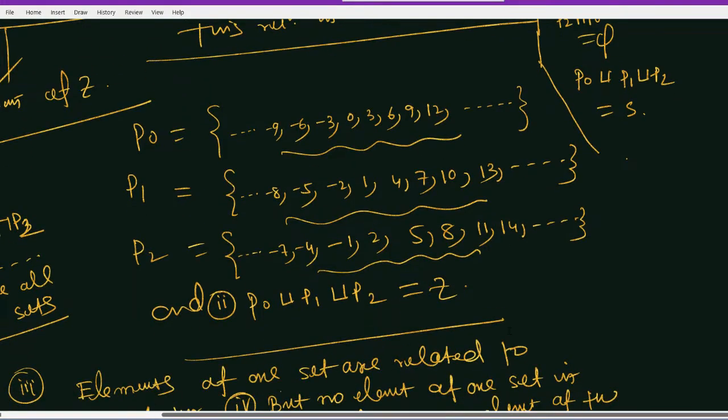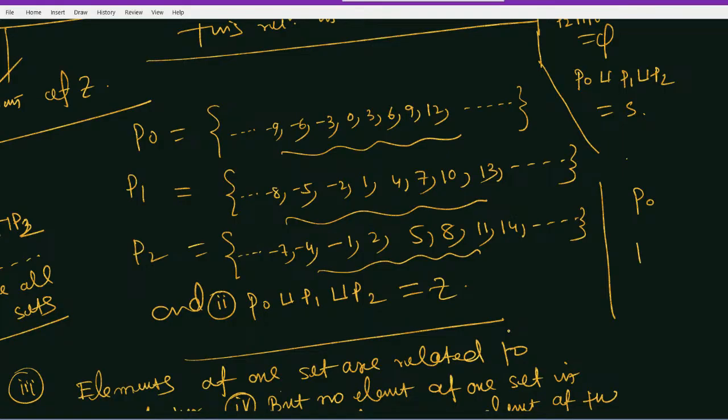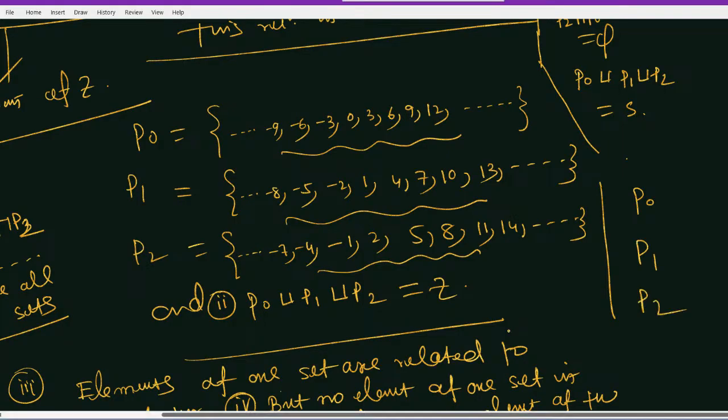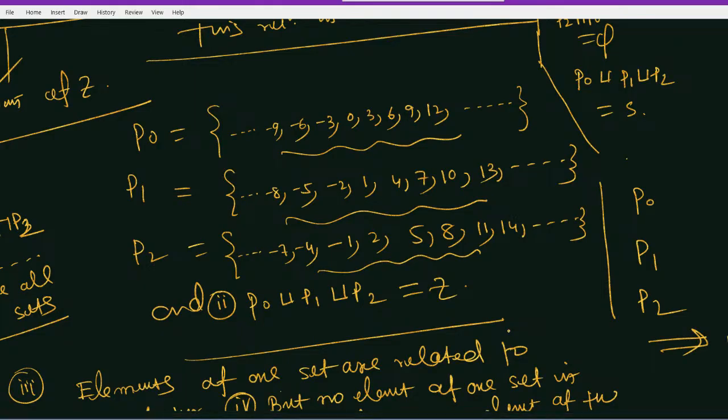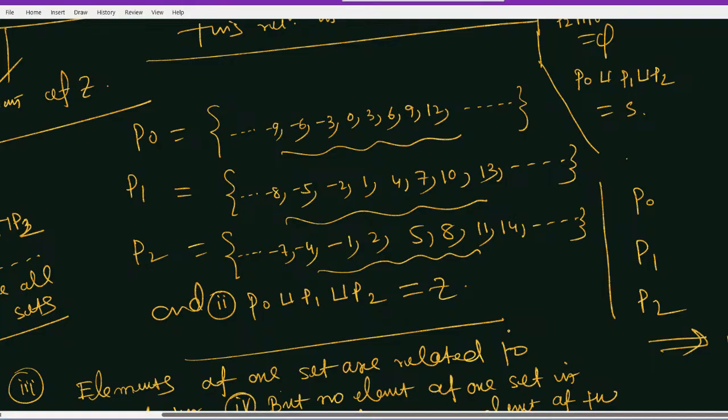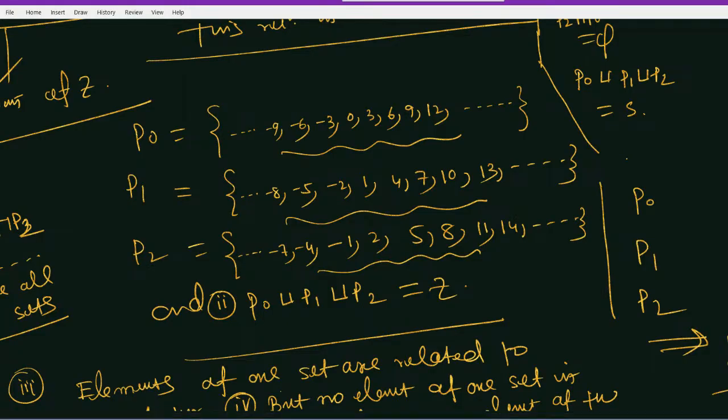These partitions have another name. These are also called equivalence classes. P0, P1, P2, these are equivalence classes. What does P0 stand for?